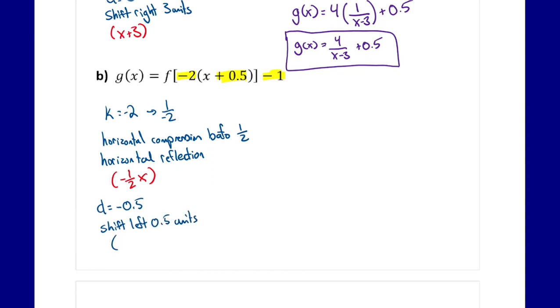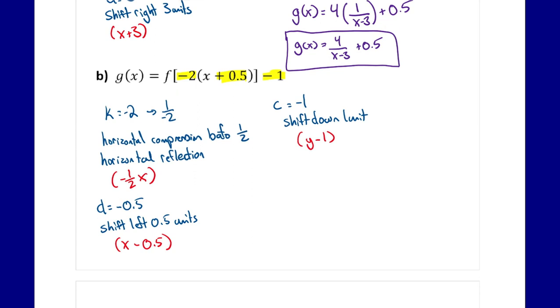So again, what's happening to our values? Well, our X values, we're subtracting 0.5. And then lastly, we have a C value of -1. So this means we shift down 1 unit, or our Y values are subtracting 1. We're subtracting 1 from our Y values.